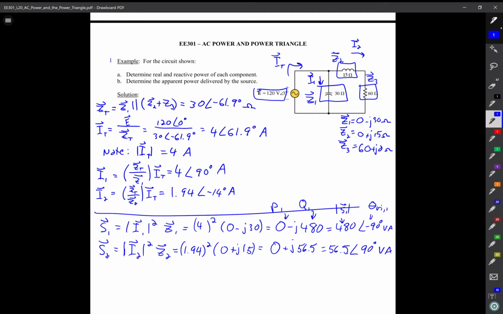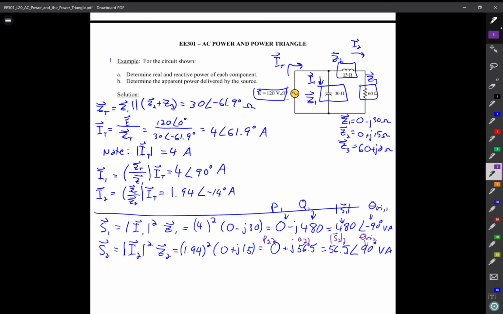Again, I'll write it in a different color so we can see it. This is P2, this is Q2, this is the magnitude of the complex power S2, which is called apparent power for 2, and this is the power factor angle for that impedance.